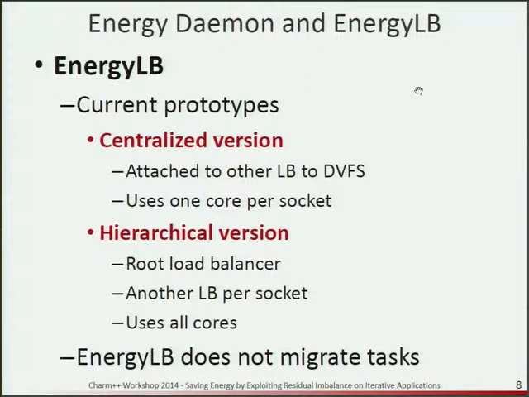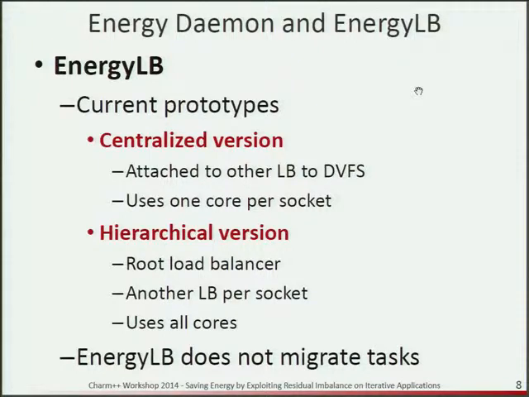The main limitation of this version is that it's going to use only one core per socket, because these were the first experiments that we had, and we cannot control the frequency of the different cores inside one socket. What actually happens is that we set the frequency for the whole socket.